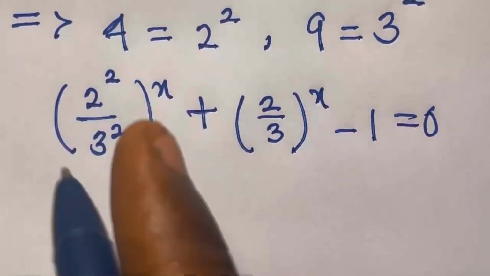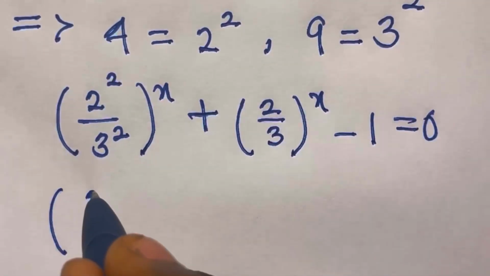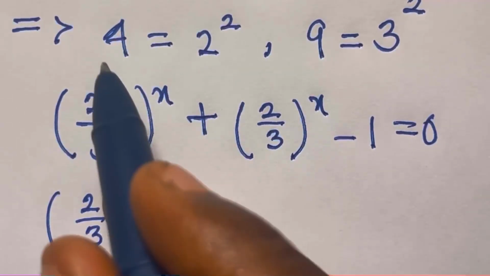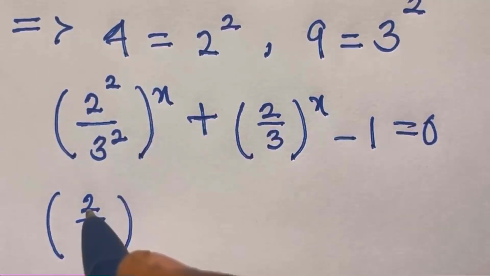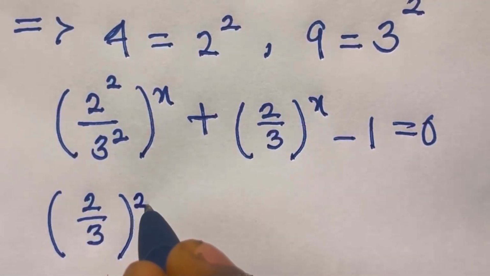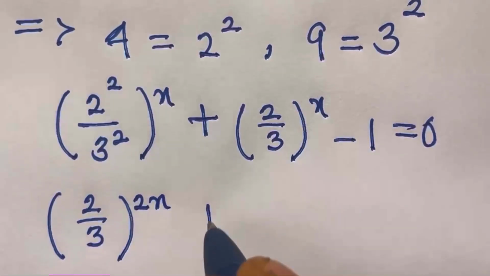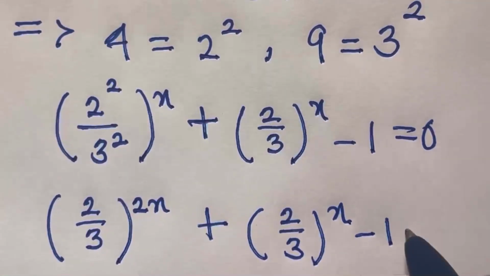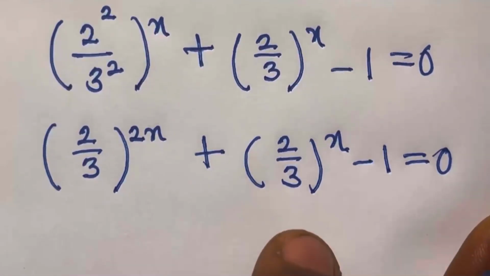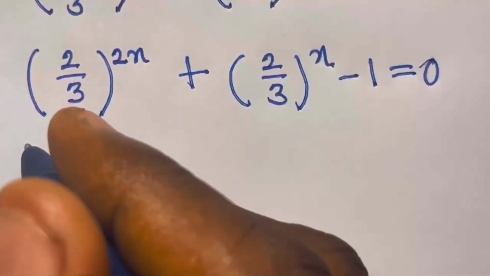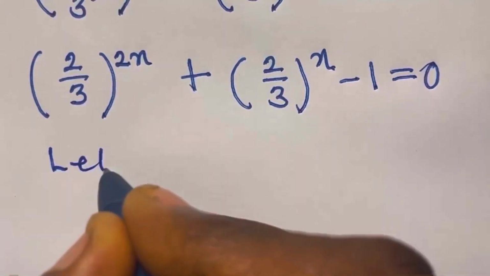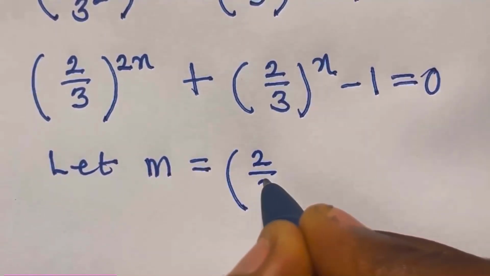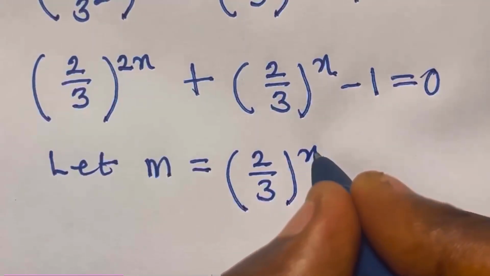So now here we have 2 divided by 3. Because this is raised to the power 2, just apply the other one like we did. So we have 2 multiplied by x, which gives us 2x, plus 2 divided by 3 raised to the power x minus 1 equals 0. So from here we let our m equal 2 divided by 3 raised to the power x.